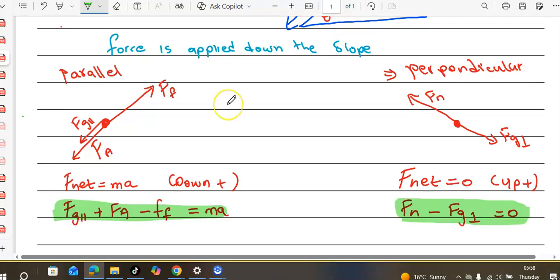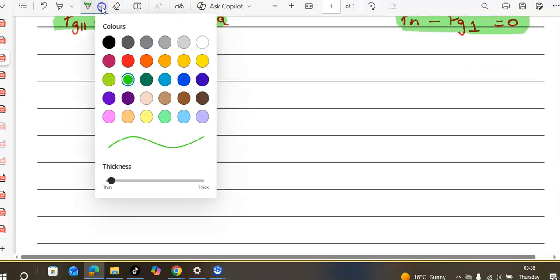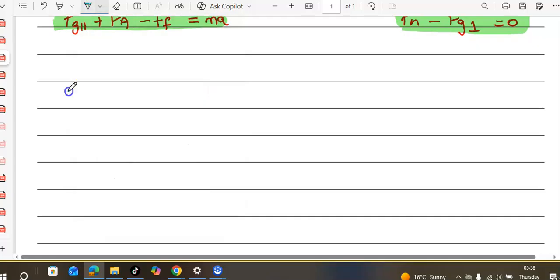Okay. Now, let's talk about the force. Let's say that the force this time is applied up the slope.